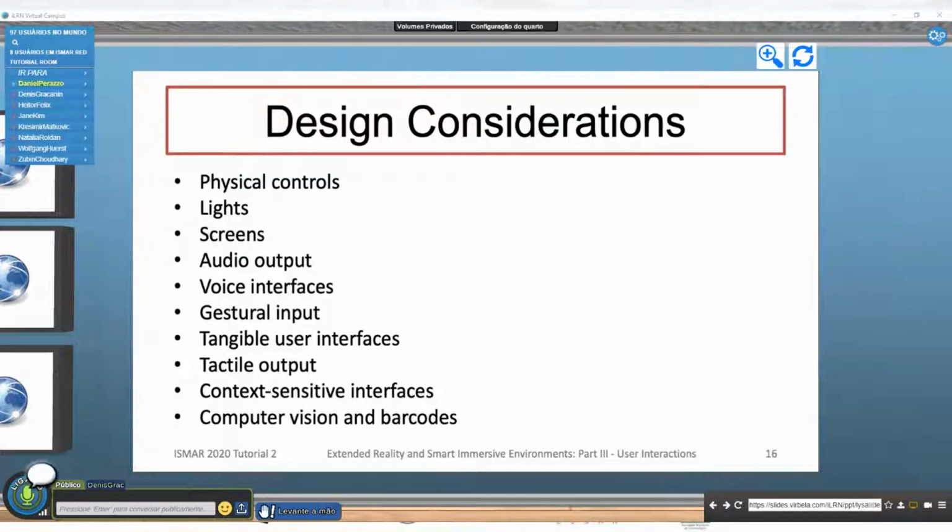With that, we can then think about designing context-sensitive interfaces, especially if we also provide some additional capabilities through computer vision, or maybe some markers such as barcodes, etc., that help us provide better context within the surrounding environment.